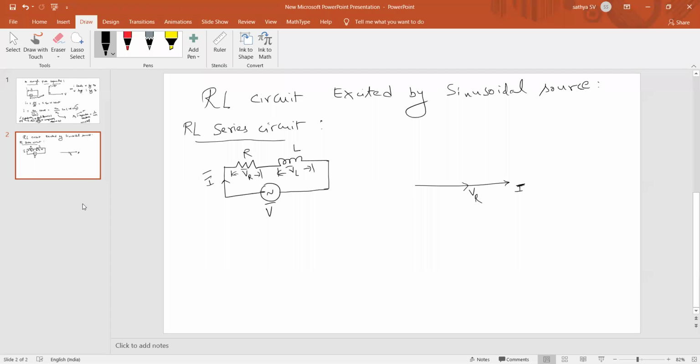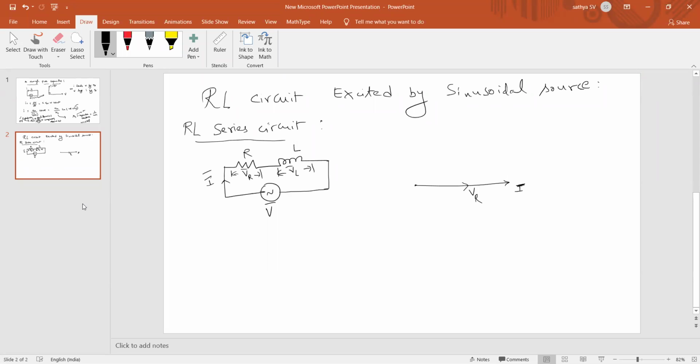In the phasor diagram, are they in phase or lag or lead for inductor? V and I. Always in inductor, does current lead or voltage lead? What is the relation between voltage and current? Voltage leads current.